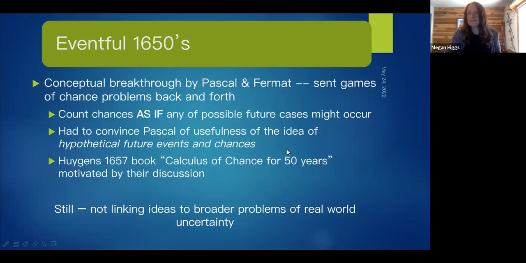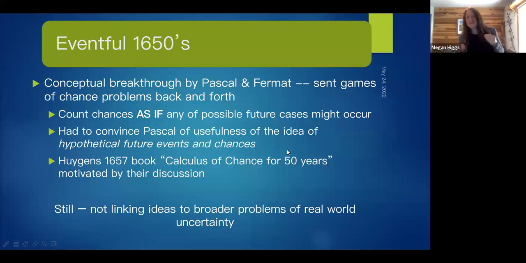Again, this extension beyond games of chance is a hard one. In the 1650s there were finally some conceptual breakthroughs that pushed things toward where we are today. This was Pascal and Fermat, who sent games of chance problems back and forth to each other.